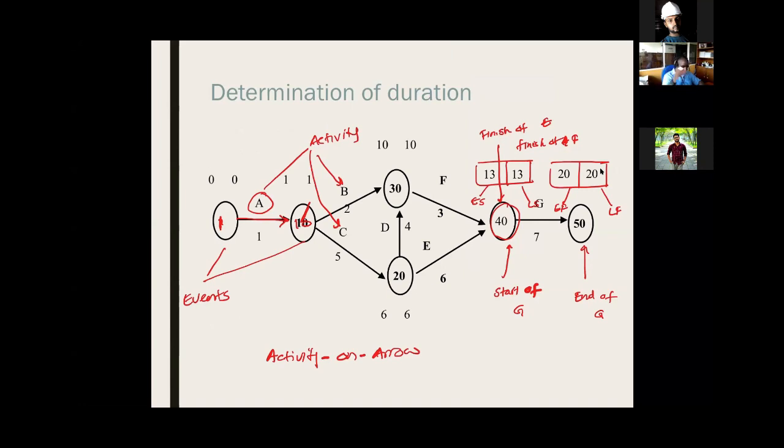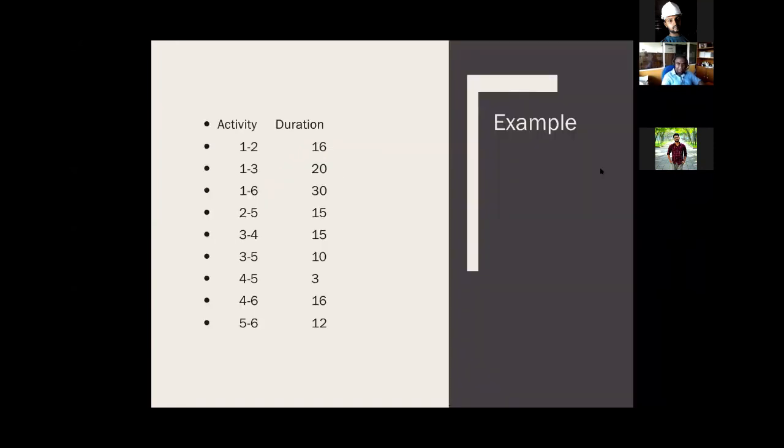So for the next sum, I expect you to work this out and find out the early start times, late start times, early finish times, and late finish times of each of these activities, right? I will give you some time. Let's take about 15-20 minutes.